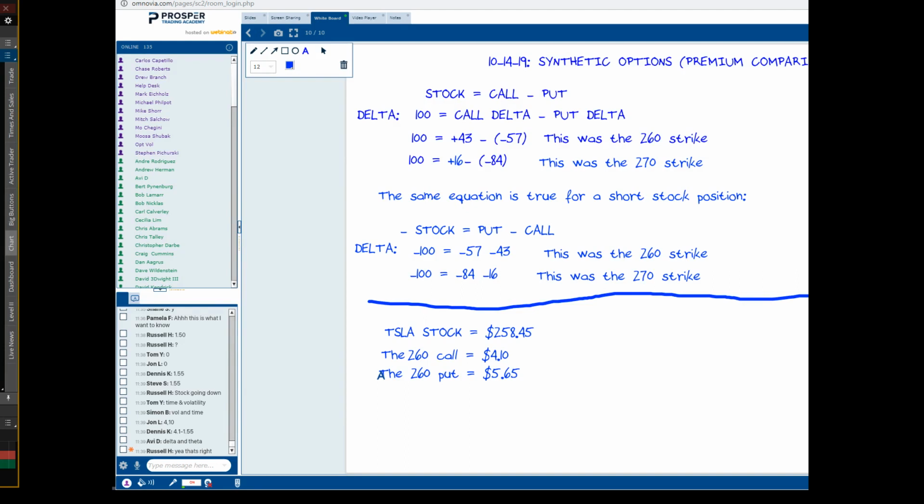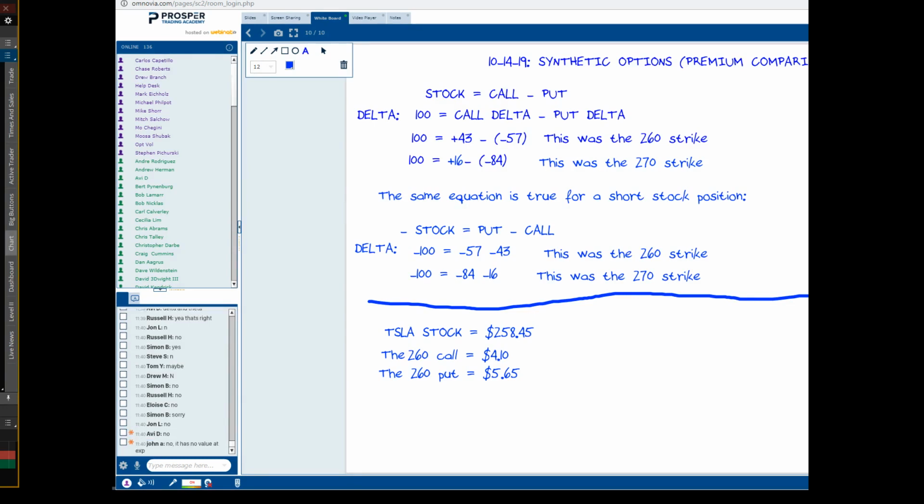Okay, so for instance, the 260 call, if we were at expiration, would that call be in exercise? Okay, so far we have a yes and a no.